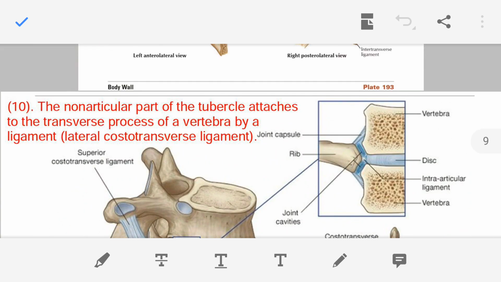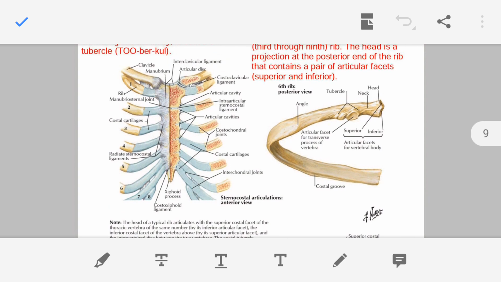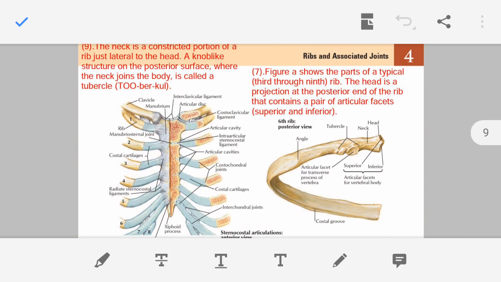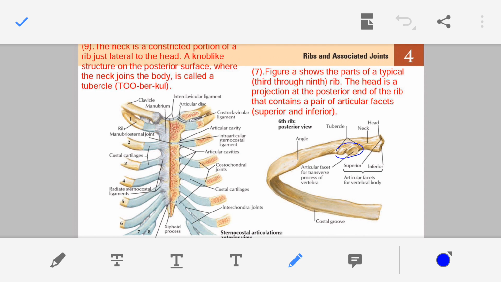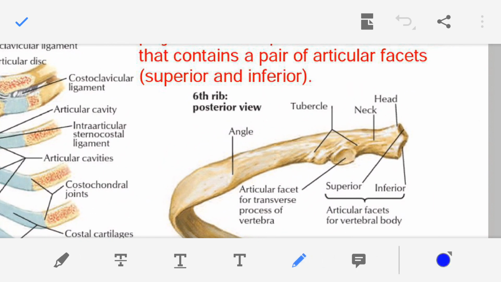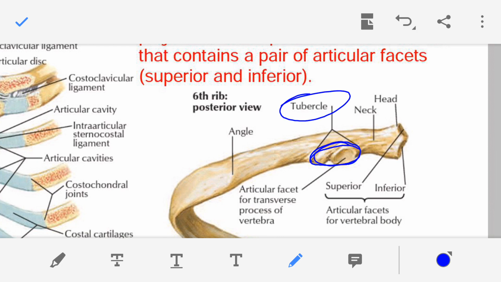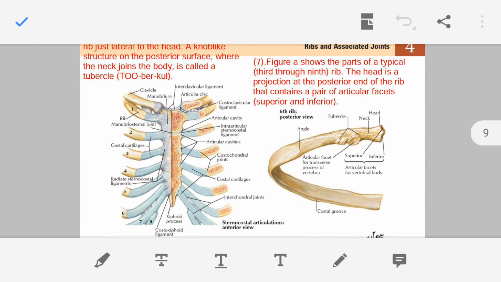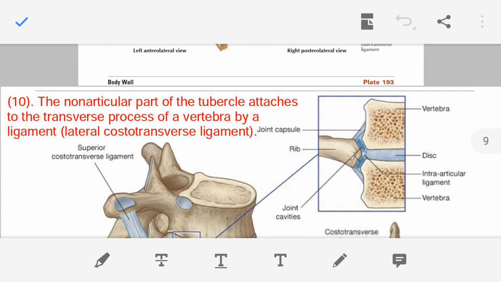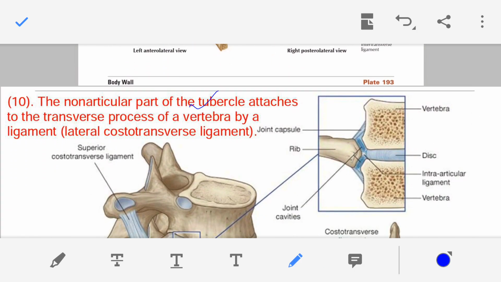For example, once again, I'm zooming, this one is the articular part of the tubercle, and this part is the non-articular part of the tubercle.